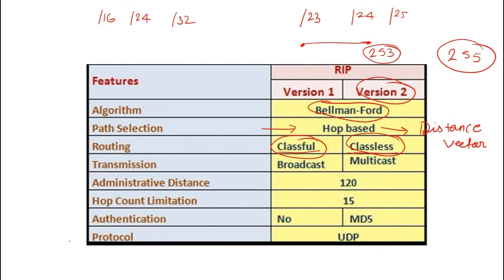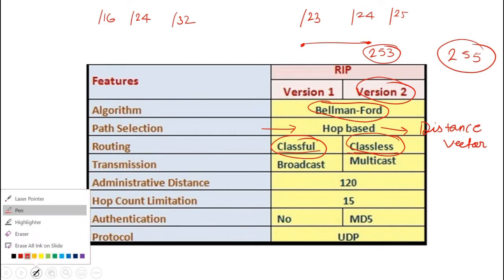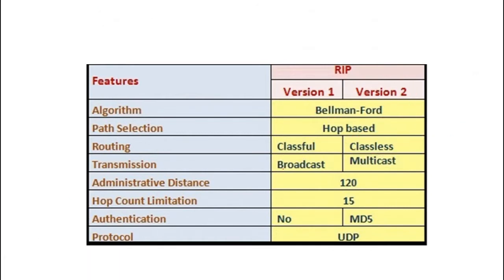Next thing is about the transmission. Whenever we have transmission between two routers, version 1 uses broadcast traffic to form the neighborship or updates, right? While version 2 uses multicast addresses to communicate from one router to another.